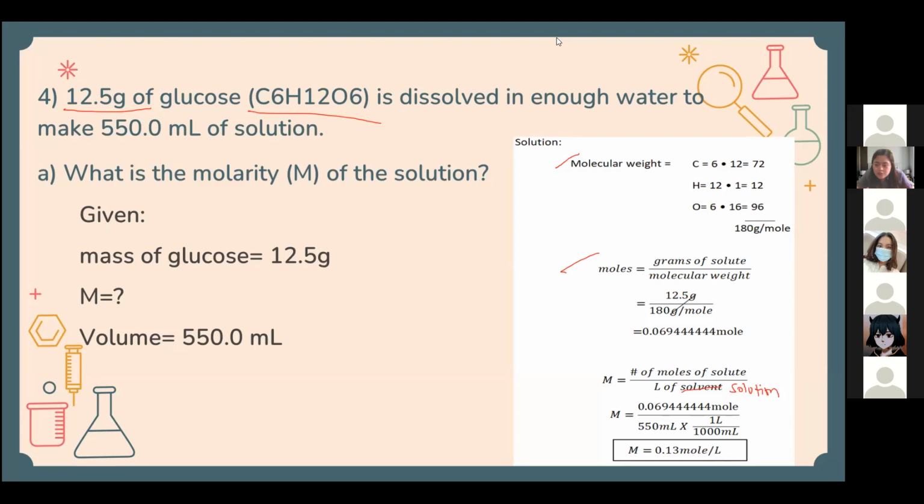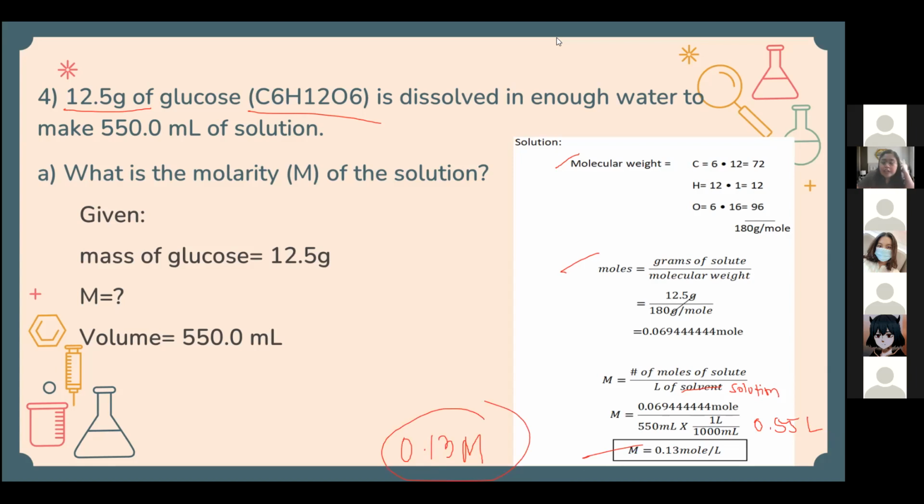So it's okay also if you place 0.06944 moles divided by 0.55 liters. You will still get the same answer. So molarity is equal to 0.13 moles per liter. You can use that unit, or maybe some of you wrote 0.13 and then capital letter M. This is also correct. Okay?